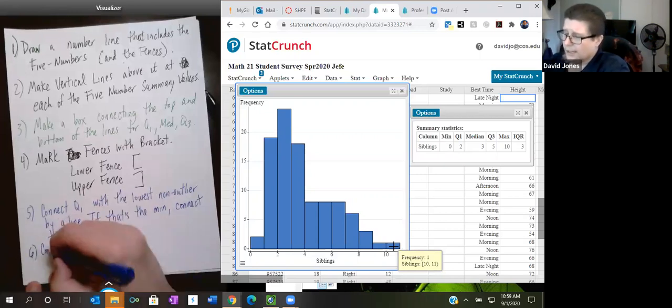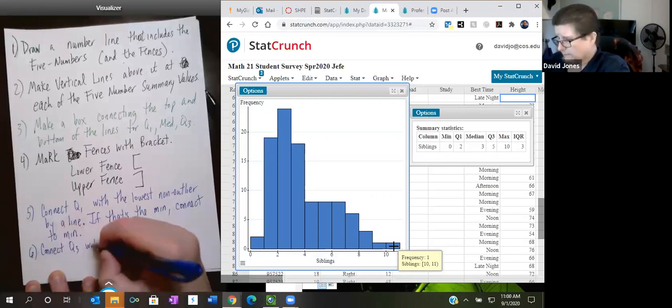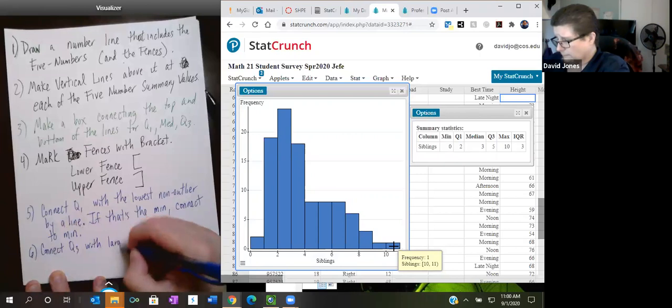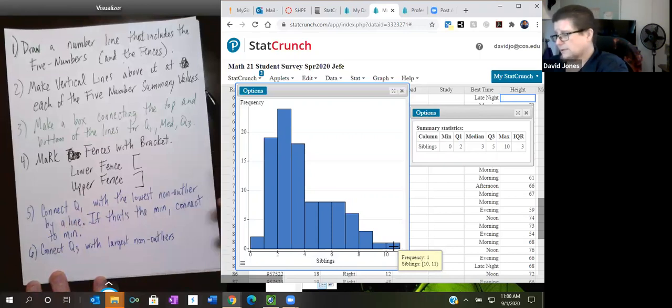Connect Q3 with the largest non-outlier, which may be the max.